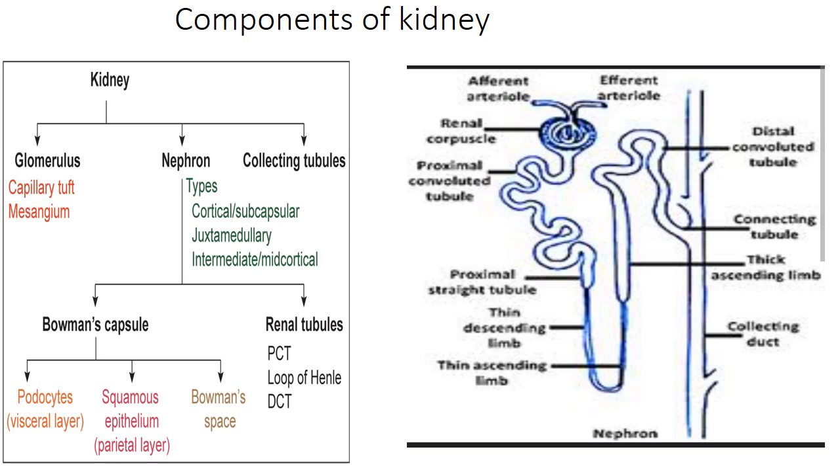So the components of kidney are glomerulus, which is the capillary tuft with mesangial cell, then the nephron formed by Bowman's capsule and renal tubules, and the collecting tubules. These form the kidney.